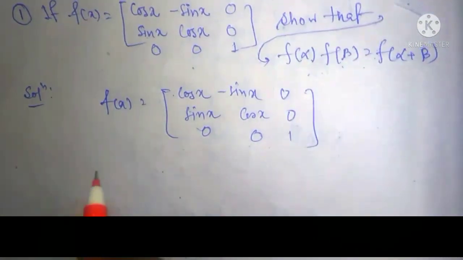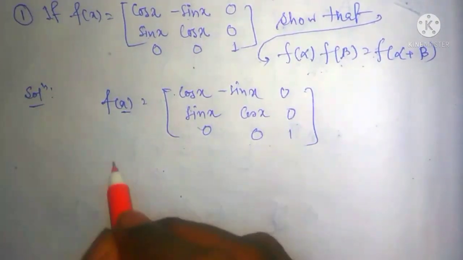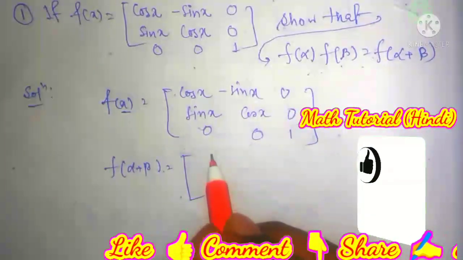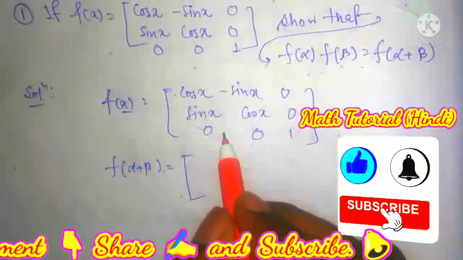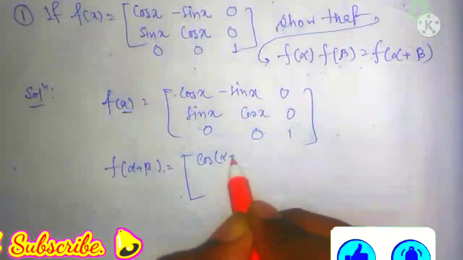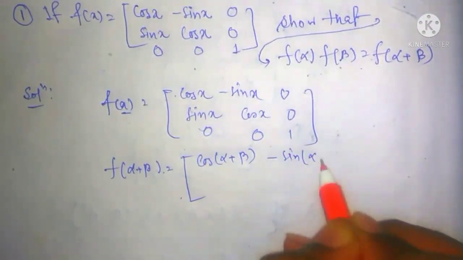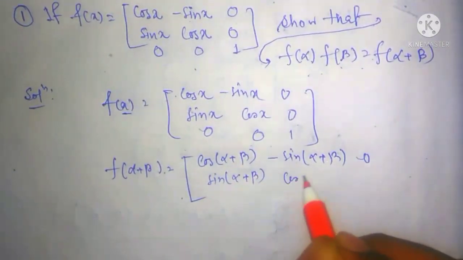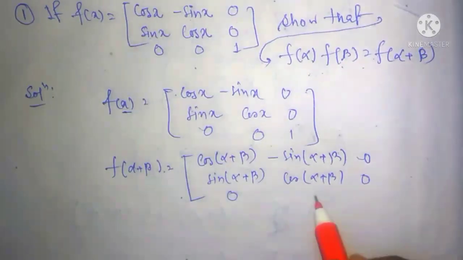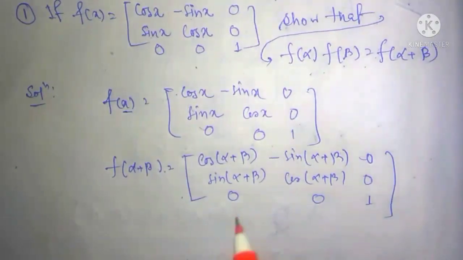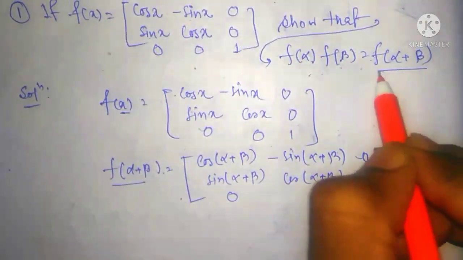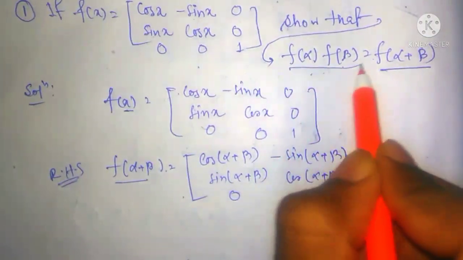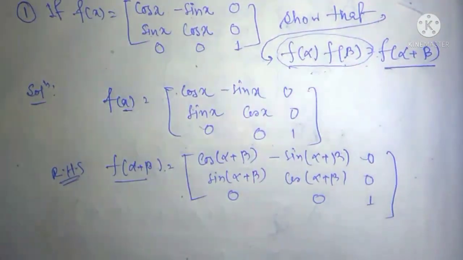If this x is replaced by alpha plus beta, then the value of this matrix is cos(alpha plus beta), minus sin(alpha plus beta), 0; sin(alpha plus beta), cos(alpha plus beta), 0; 0, 0, 1. This is the RHS.